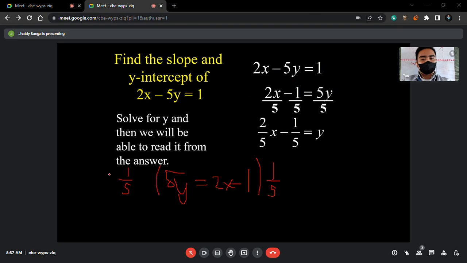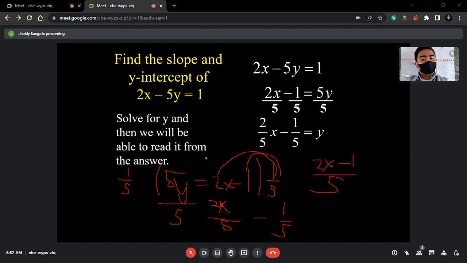So if you multiply, of course, this will be 5y over 5, isn't it? And this part will become 2x over 5 minus 1 over 5. Now you know it, right? And when you're transferring, it will not become just 2x minus 1 over 5. It's not like that.